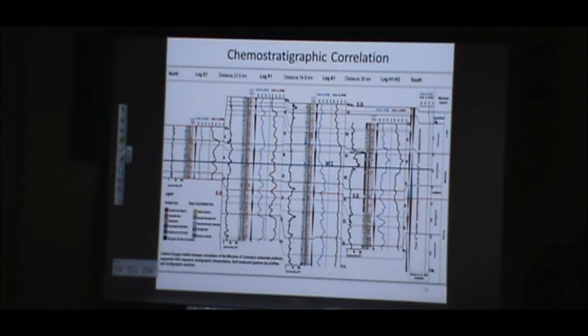This is the chemostratigraphic correlation. So this is H1, H2, A1, P1, E1. These are the field measured sections with the third-order sequences. And here the black curves are the gamma rays. Then we added the carbon and oxygen, red and blue, for each section, and then we made the correlation. Can you see this in the middle Miocene, where we have high gamma ray?